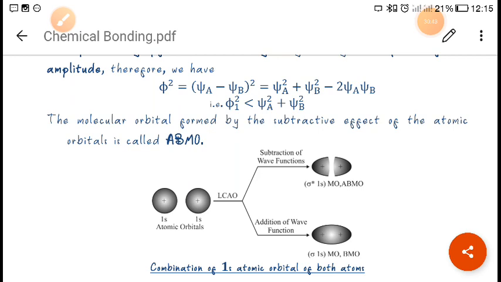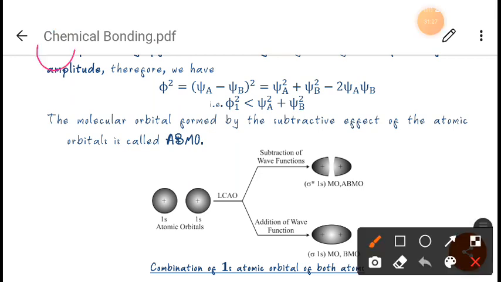Now the same example we took before for the bonding molecular orbital, we will take here. According to this LCAO, the wave function for the antibonding orbital, we are taking as psi a.